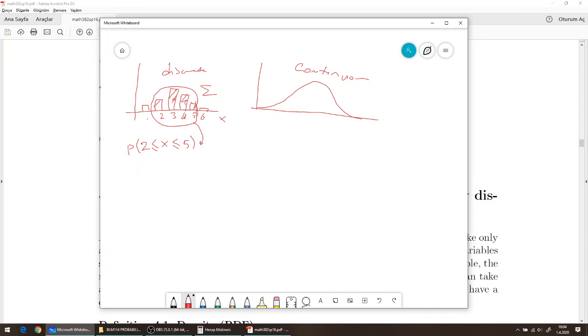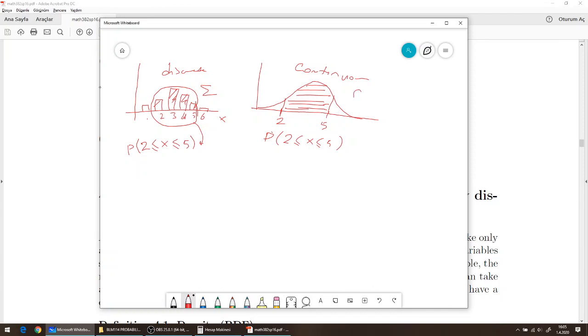In the continuous case, for example, what is the probability that x is between 2 and 5? We simply find the area between 2 and 5.